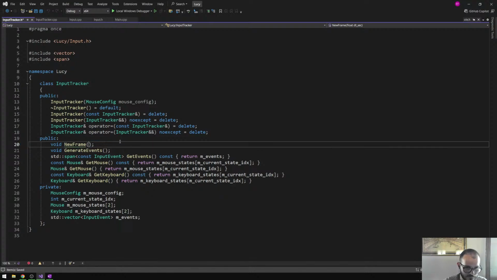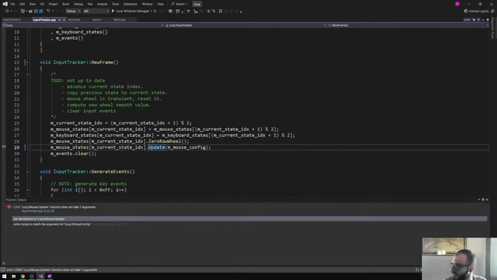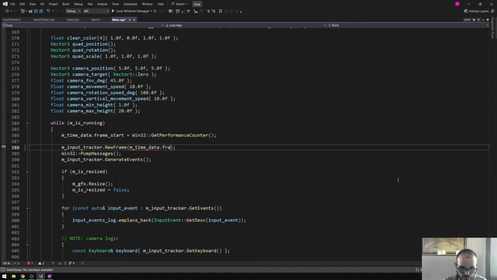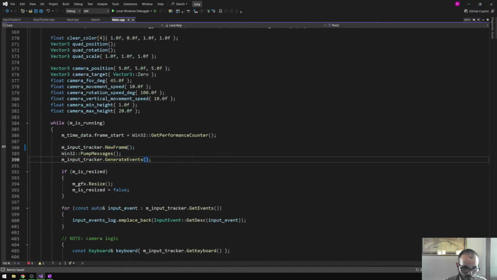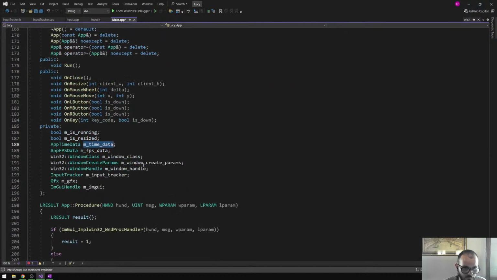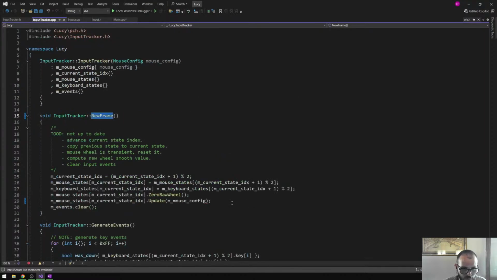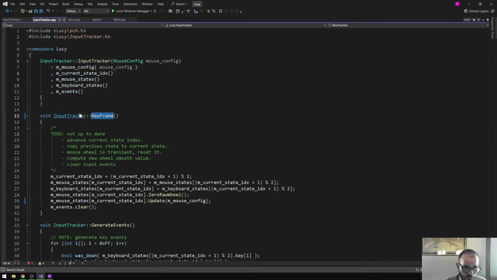New frame. We compile. Something will be wrong. Here, when we pass the new frame, we need the m time data dot uptime in seconds, and this is when we call the new frame, we need the float.